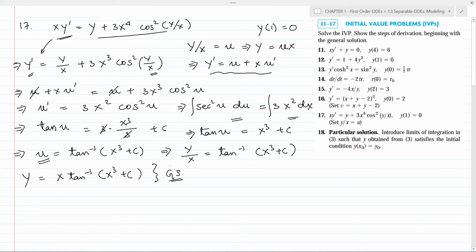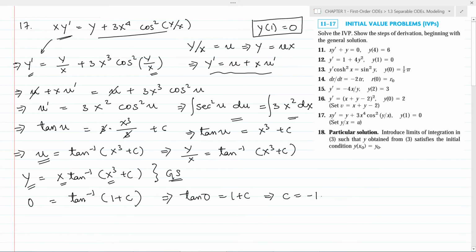We can get the particular solution by substituting the initial value condition into the general solution, and we get 0 = tan inverse(1 + c) as per the initial condition given in the problem, and this implies tan 0 = 1 + c, or c = −1.